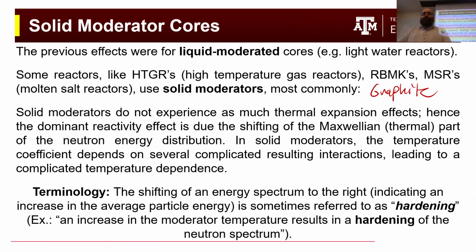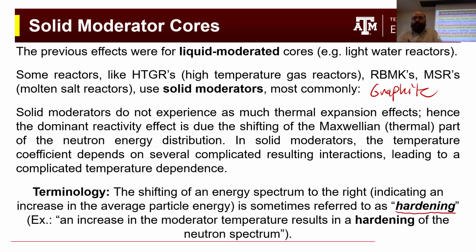Something I wanted to mention, we've talked about the energy spectrum shifting to the right based on an average increase in the kinetic energy of the particles in our medium, or shifting to the left as a result of a decrease in temperature and the decrease in that average energy. Sometimes if you read papers or if you even read Dr. Svedkov's notes, they'll use the term hardening.